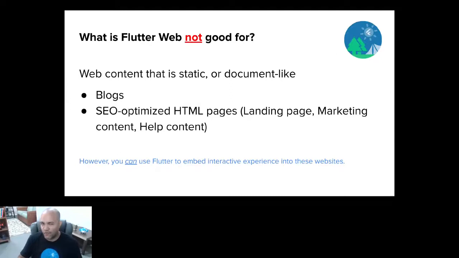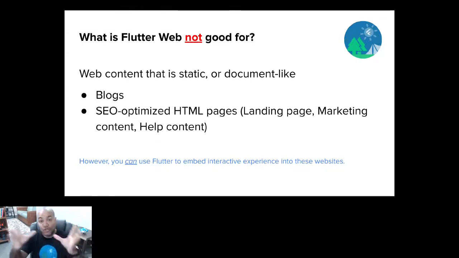Flutter Web is not good for that because Flutter shines in that rich experience and great, butter smooth animations, really cool interactivity with the users. So for blogs, stuff that requires search engine optimization, HTML pages, Flutter Web is not good for those things.